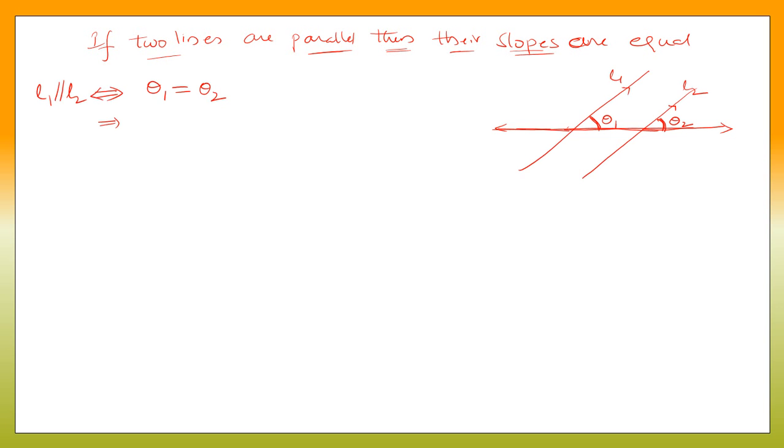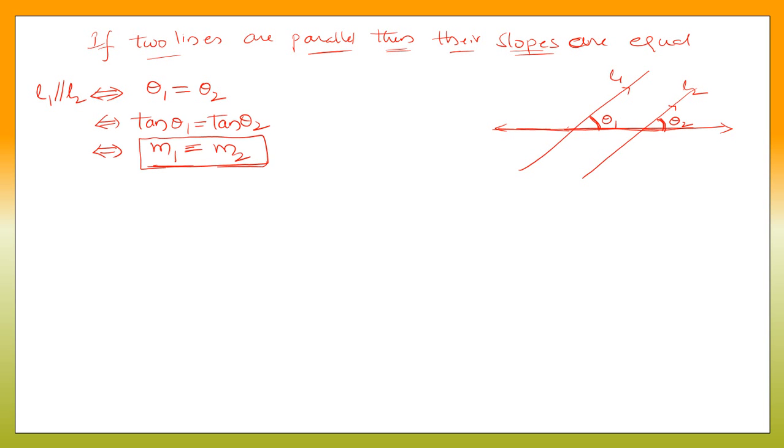Now, theta 1 is equal to theta 2, and if I apply tan on both sides, this becomes tan theta 1 is equal to tan theta 2. Since we know m is equal to tan theta, if I consider this as m1 and this as m2, clearly the slope of the first line is equal to the slope of the second line.